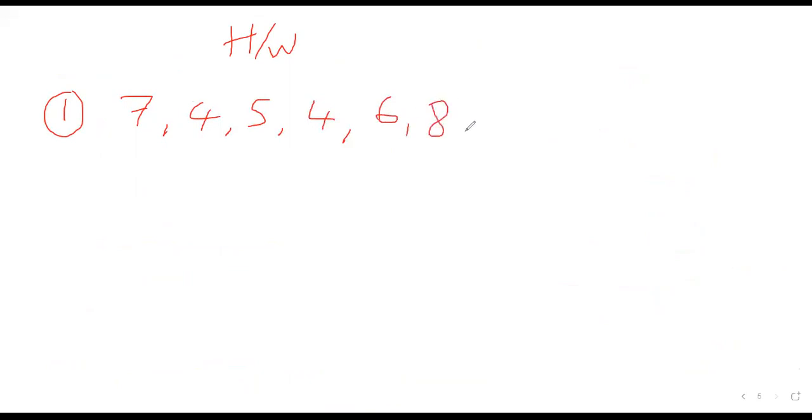So I'll go to grouped data, but before I go to grouped data, that's the recap I have. I'll give you the following data set: 7, 4, 5, 4, 6, 8, 9, 3, 6, and 9.